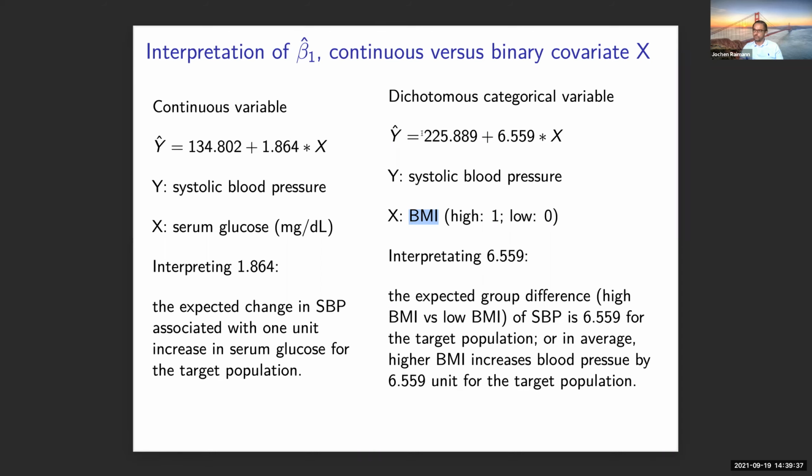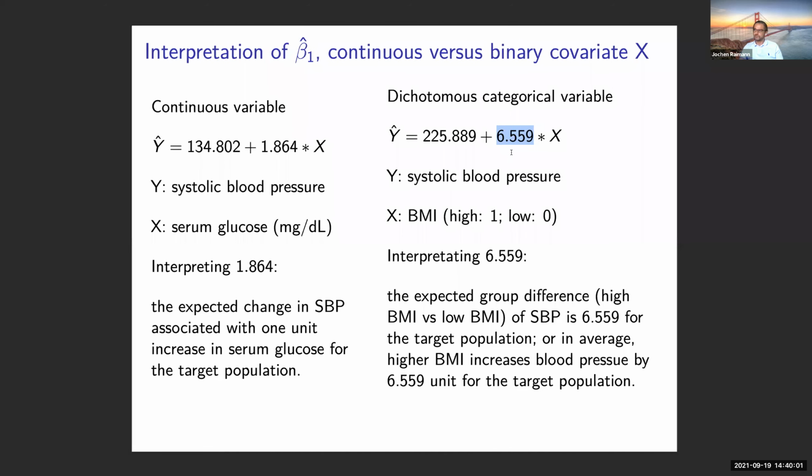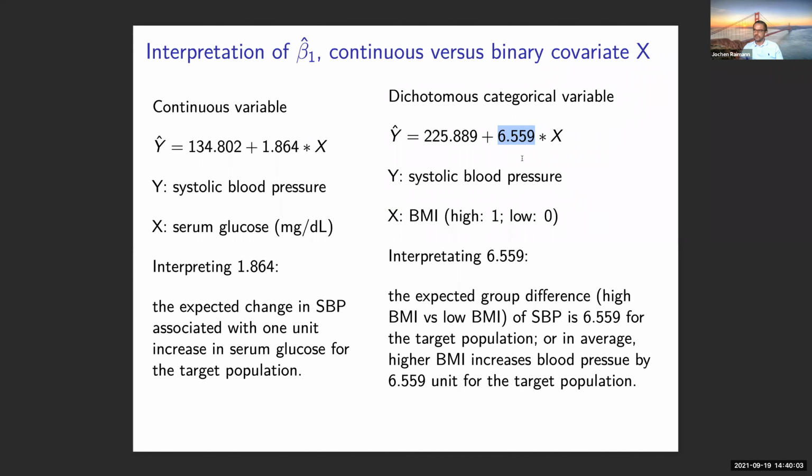Good. The second is a categorical variable. We have 225, which is a tremendously high blood pressure, but doesn't matter, plus 6.559 multiplied by x. So we have systolic blood pressure, where beta 0 is 225. If the BMI is high, that adds an additional 6.6 millimeter Hg.